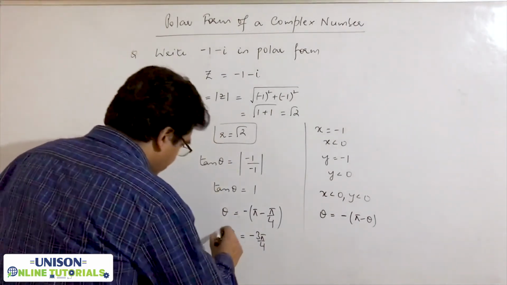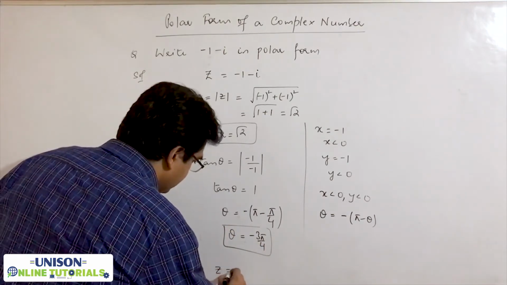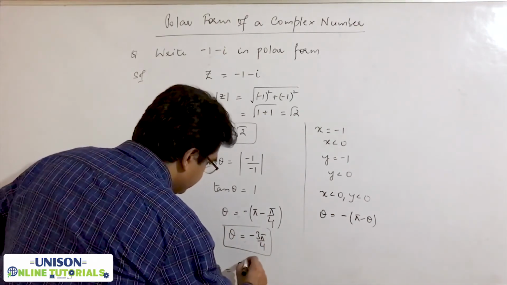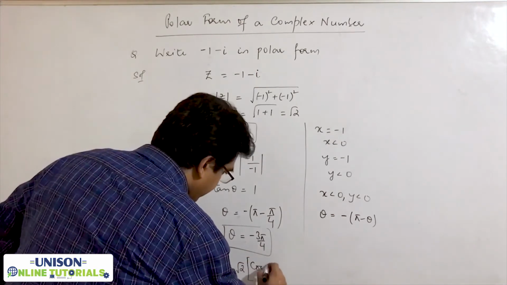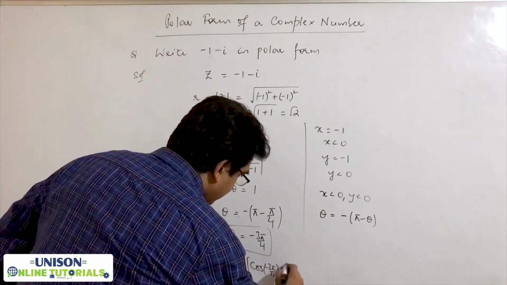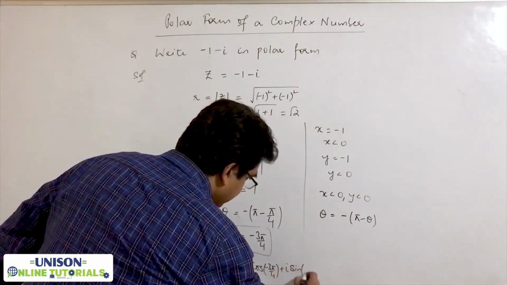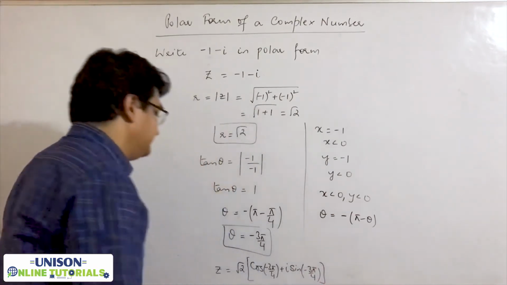So what is the polar form? The value of r is root 2 and the value of theta is minus 3 pi by 4. So cos minus 3 pi by 4 plus iota sine minus 3 pi by 4. So this is the polar form.